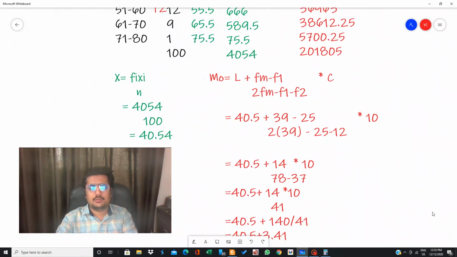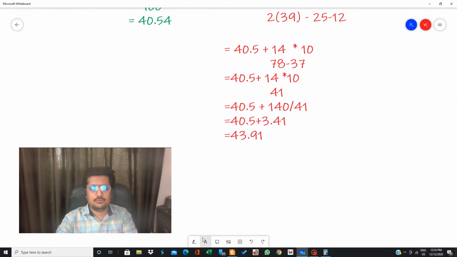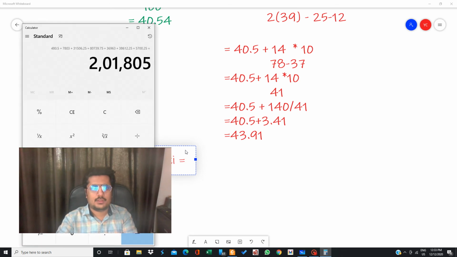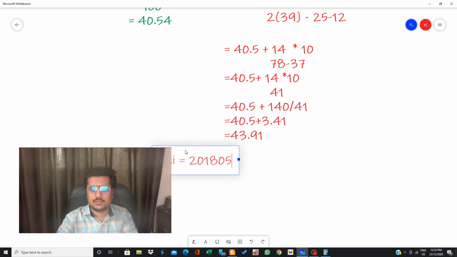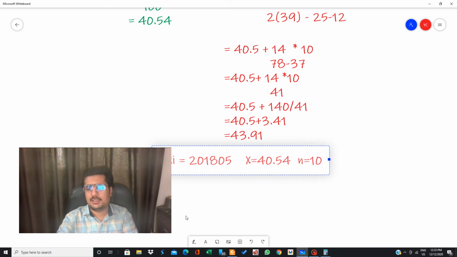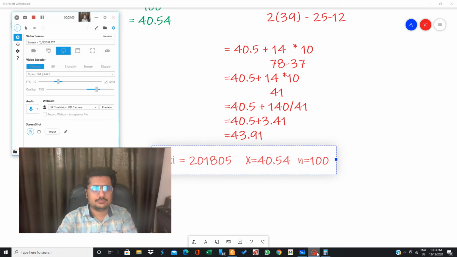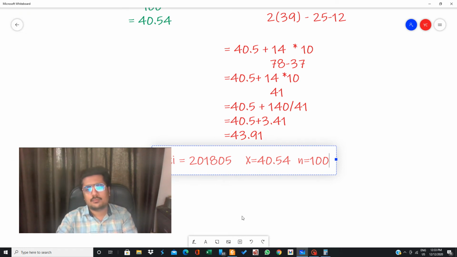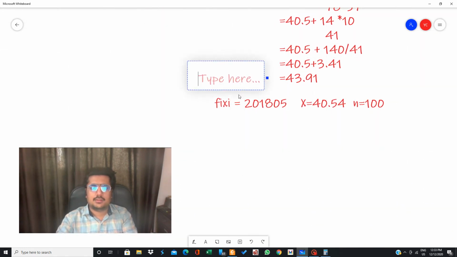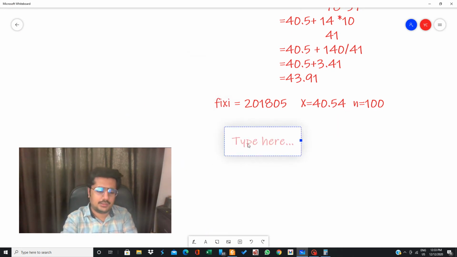Now what is my FiXi square? 2 lakh 1000. What is my mean? It's 40.54. What is my n? My n is 100. So I'll be finding the standard deviation first.